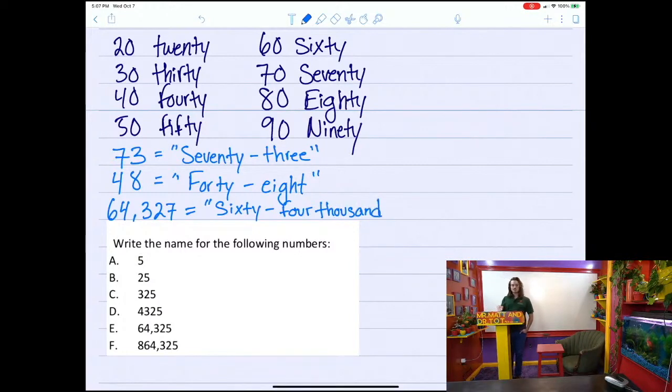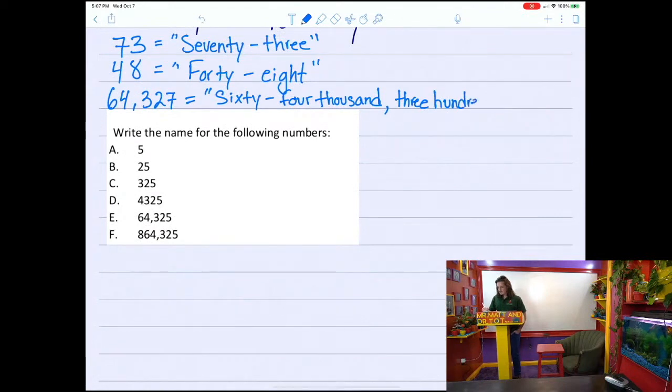Notice that there's a comma in the number after the thousands unit, indicating the introduction of the first 3 number block in the numbering pattern. So wherever there's a comma in the actual number, there should also be a comma in the number name. So 64,000, comma 300, 27. Now between 20 and 7, there needs to be a hyphen.